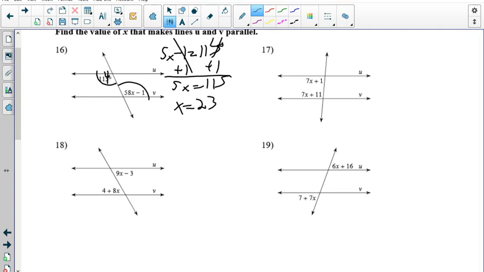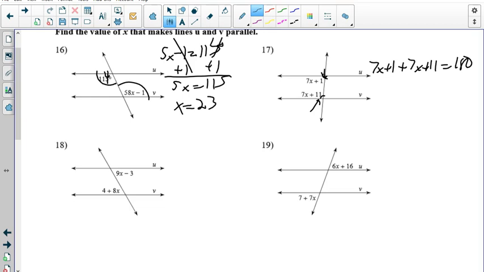These two, this one is obtuse and this one is acute, slightly. They are same side interior, which means they are supplementary. So 7x plus 1 plus 7x plus 11 equals 180. And remember, this one is obtuse. It's already bigger than 90, so they can't add up to 90.